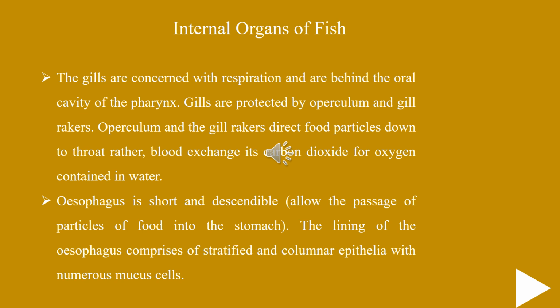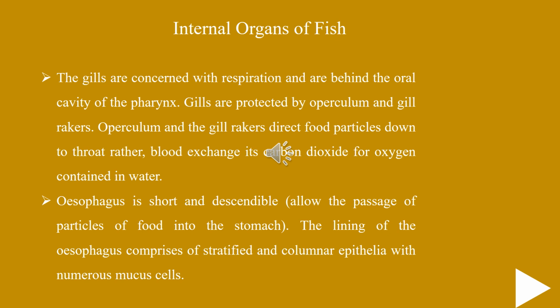The gills are concerned with respiration, and they are positioned behind the oral cavity of the pharynx in teleost fish. The gills are protected externally by operculum and internally by gill rakers.